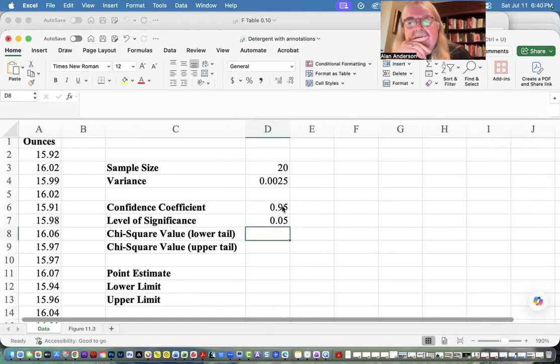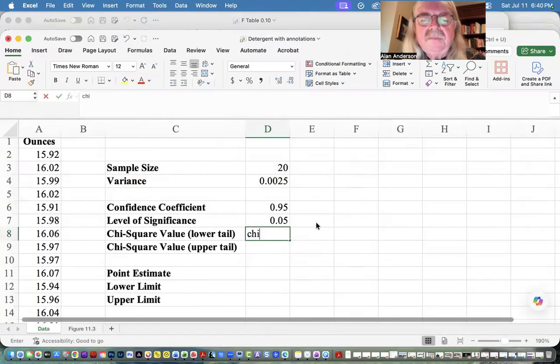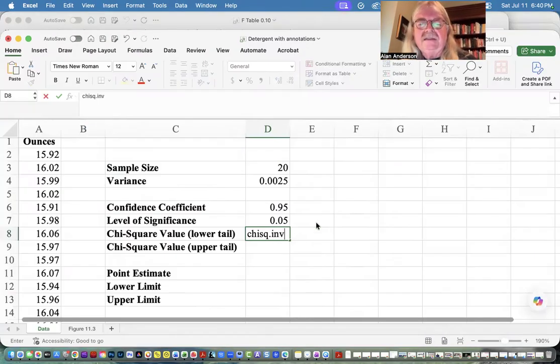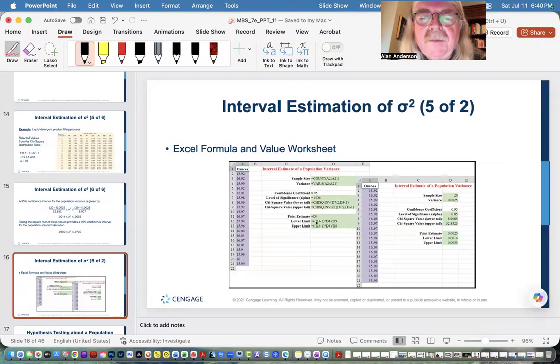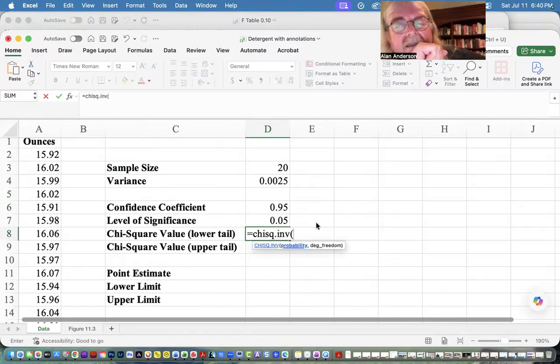Now the chi-square. Now we need to know how to do this in Excel. Here's the command. CHISQ.DIST, I think. No, it's INV. And the parameters it wants, oops. See, Excel has this function we would need to do p-values.